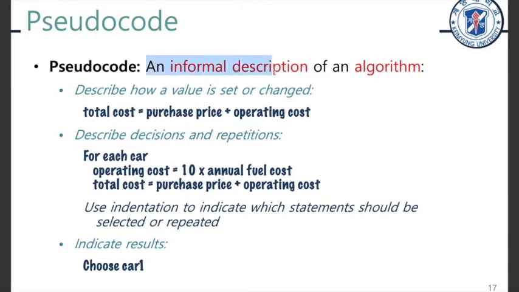It's an informal description of the algorithm. So you can see that this is the pseudocode of our first algorithm. We describe how the value is set or changed, and we describe the decision and the repetition, and then we indicate the result. So this is a description of our previous algorithm. And once you write the algorithm, now you understand, okay, this is what I have to do. So you can go on and write your program in your editor.